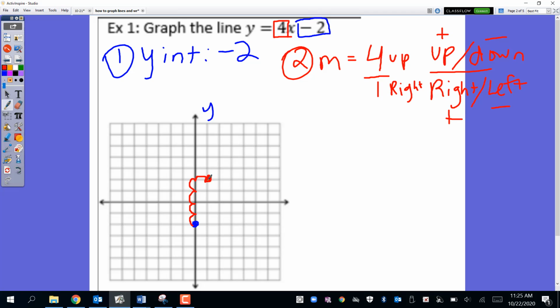And you would continue doing this, going up, same slope, 1, 2, 3, 4, and then to the right 1, and I put another dot. I can't go again because I'm out of graph. So if I have to go the other way, because sometimes you can't go the way that the slope is telling you to go, you have to go backwards.